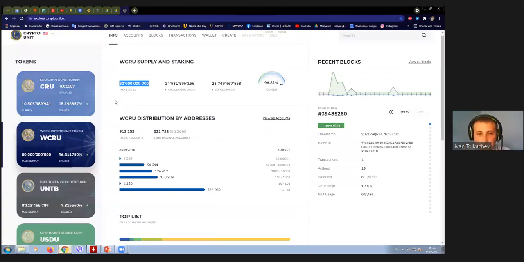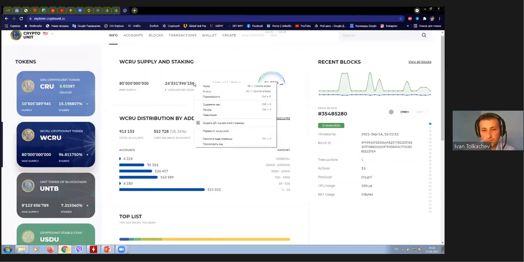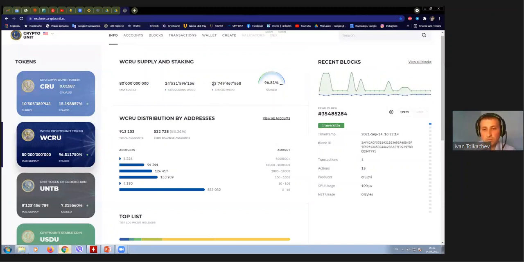World CRU tokens are security tokens or digital shares, and their number is limited. And to date, there are about 24.5 billion tokens in circulation, and a bit more than 20 billion of them are staked.